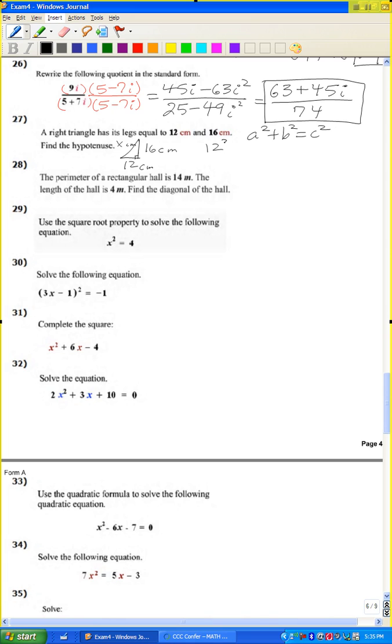So 12 squared plus 16 squared is x squared. 12 squared is 144, 16 squared is 256, so x squared is 400. So x is equal to plus or minus 20. Of course, it doesn't make sense to have it as negative 20. So your answer is 20.